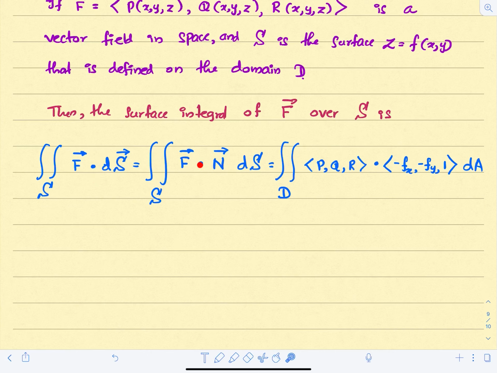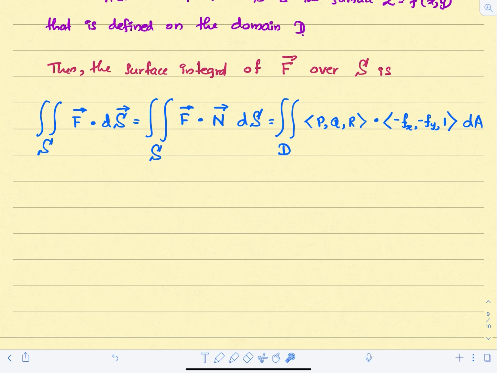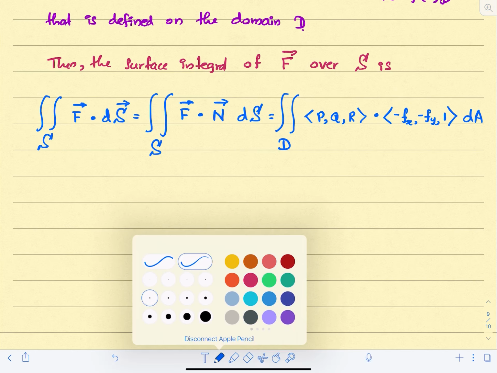And this is F dot with the unit normal vector of the surface S, and the unit normal vector of the surface S is given by this, and instead of this dS we have dA, and this double integral is over the domain D. And this is what really happened.